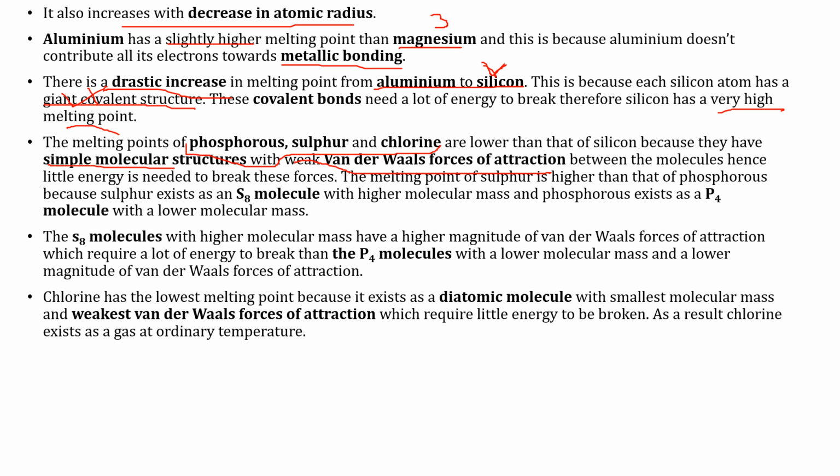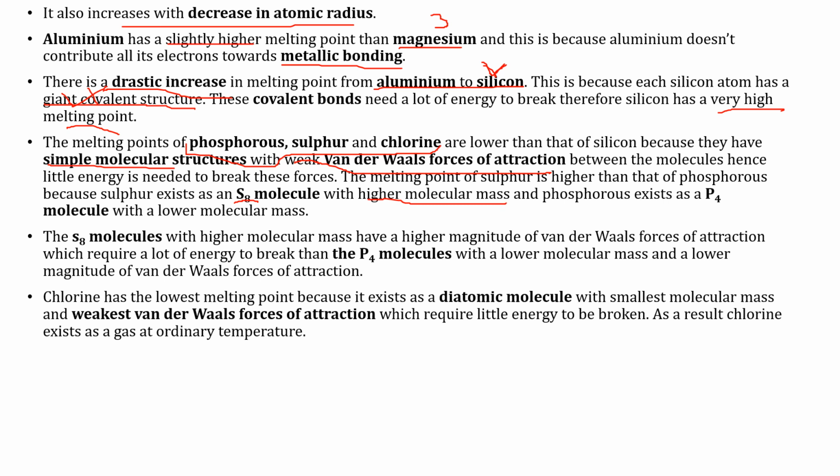Now on phosphorus, sulfur and chlorine, we ask ourselves which one will have the higher molecular mass. If you look at all of them independently, sulfur is octatomic. Octa means 8. That's why sulfur exists as S8. Being octatomic, it is going to possess a higher molecular mass.